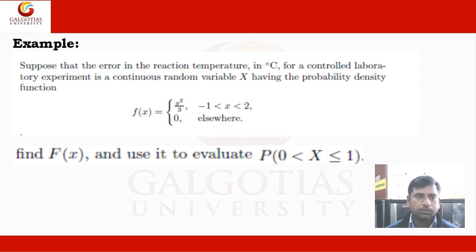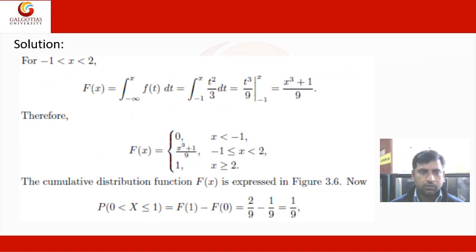The solution is given on the next page. For the solution, to find the CDF F of x for x taking values from minus 1, given f of x, we will integrate the function from minus infinity to x.